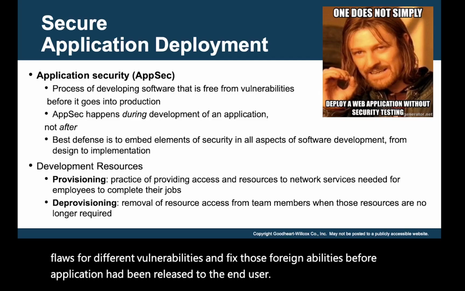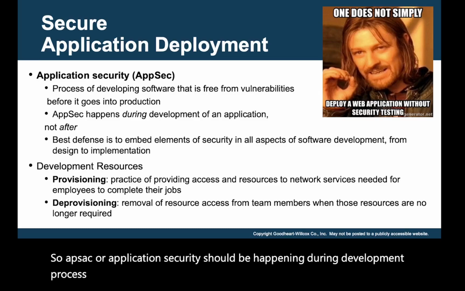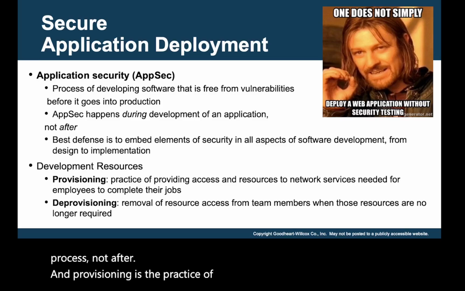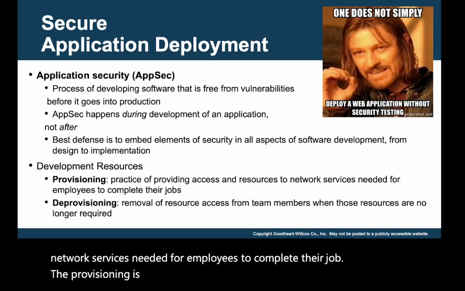So AppSec, or application security, should be happening during the development process, not after. Provisioning is the practice of providing access and resources to the network services needed for employees to complete their job. Deprovisioning is the removal of those resources and access for the team members.